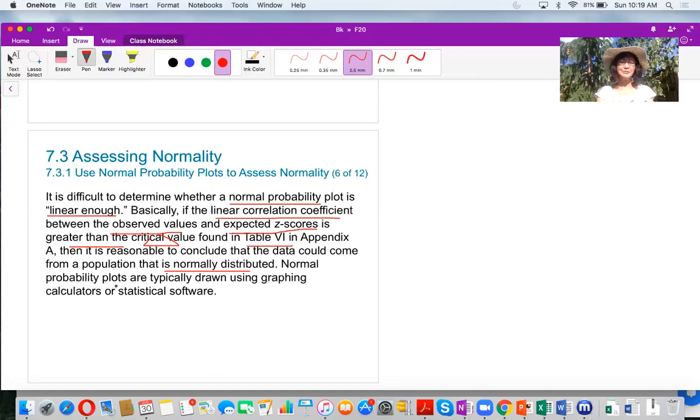Normal probability plots are typically drawn using a graphical calculator or Excel, SPSS, SAS, Minitab, and other statistical software.